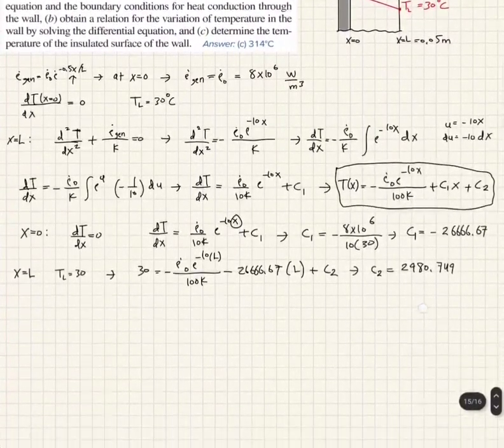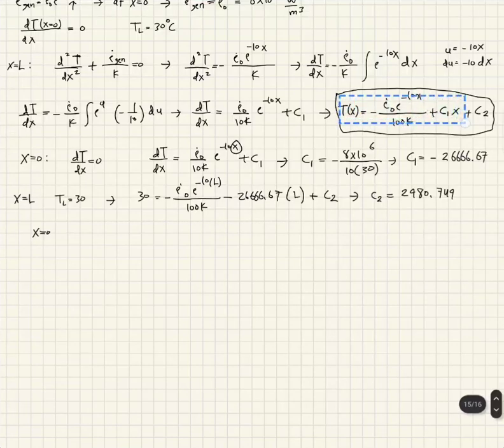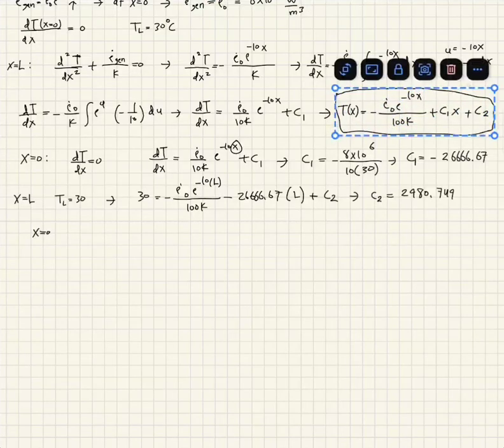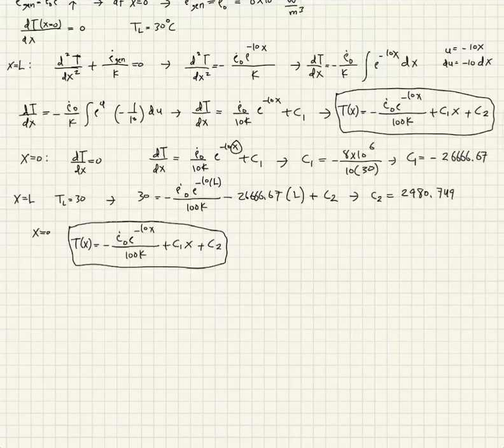Once we have the constants, the last part is basically finding the temperature at T0. So if we say that x equals 0, because that's what we are asked for, we replace that with T0. At x equals 0, this term just becomes 1, and then C1 just goes away.